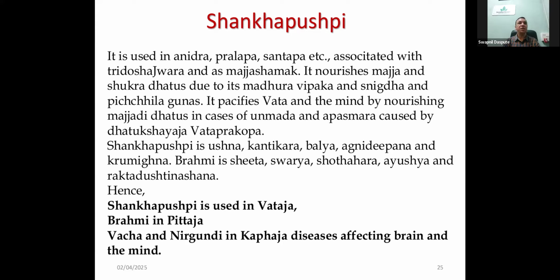Okay. Shankapushpi is Ushna, Kantikara. Kantikara means gives good complexion, improves complexion. Balya, Agnidipana, and Krumigna. Krumigna is vermicidal action. Brahmi is Shita. Swarya. Swarya is good for the voice.